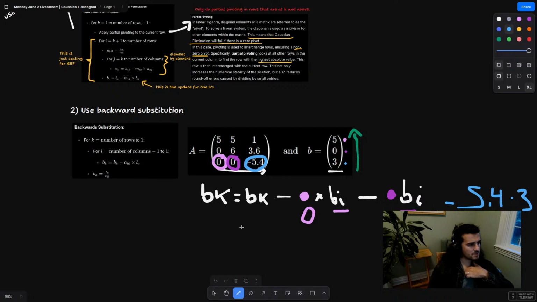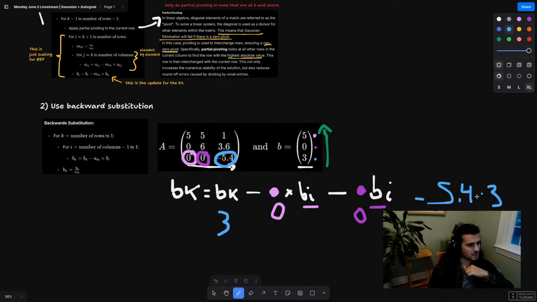I don't get it. What's up here? It's 3 minus 0 minus 0 minus 5.4 times 3. For i equal to number of columns, or does it start at 0? No, I don't get it.